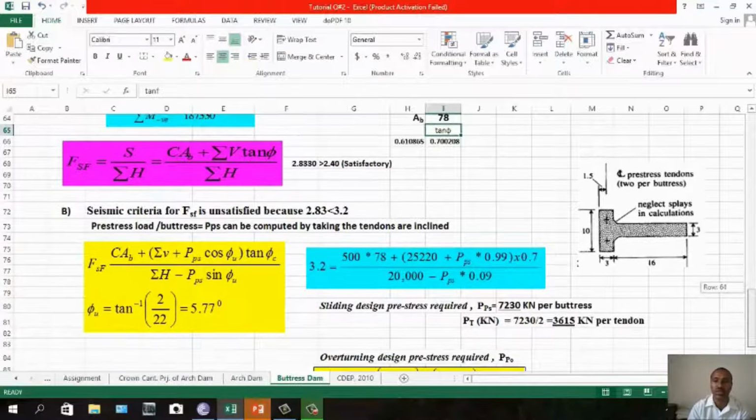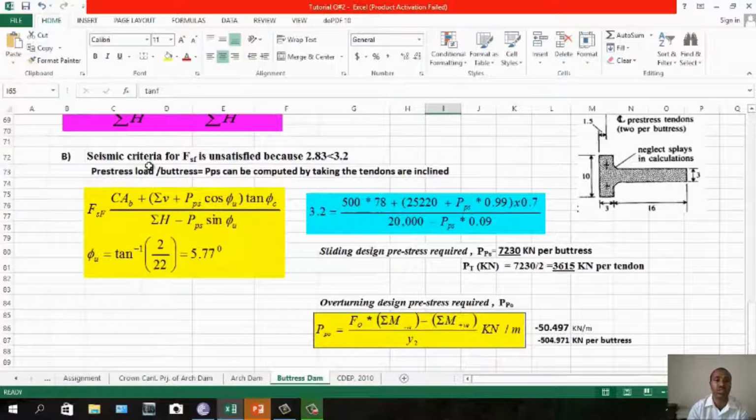Once you get this, then you go to the seismic criteria for shear friction, which is unsatisfied, because 2.83 is less than 3.2 if you consider seismic criteria, if the area is subjected to earthquake action. So the prestress load per buttress, which is the design prestress required for sliding, can be computed for the tendons if they are inclined.